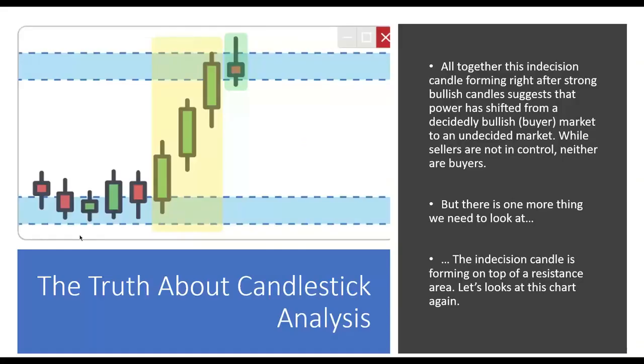So altogether, this indecision candle forming right after a strong bullish candle suggests that the power has shifted from a decidedly bullish market to a decidedly bearish market, even if these are 15-minute candles. So we were in a very bullish segment and we're going to continue up. Right now, over the last hour, it's very bullish.